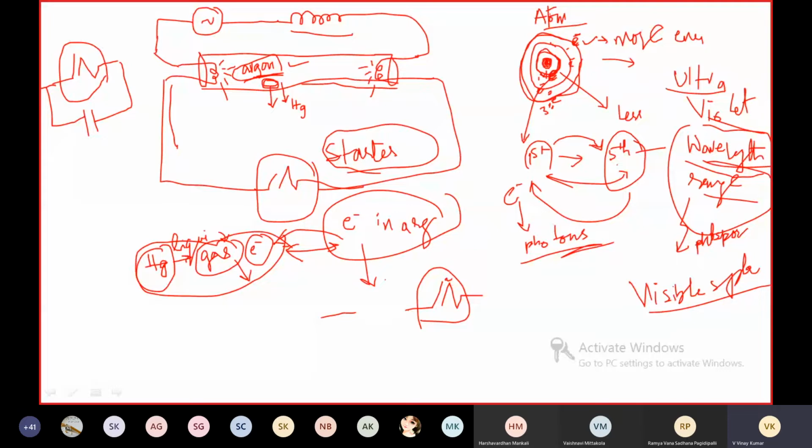This is the neon lamp. Neon gas is present inside the lamp. Here we have two electrodes.